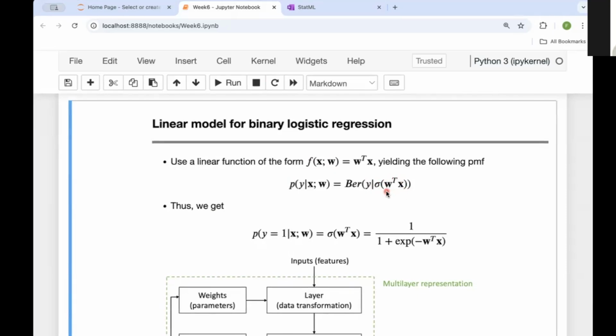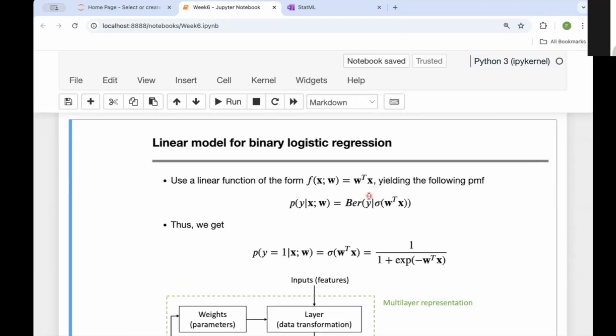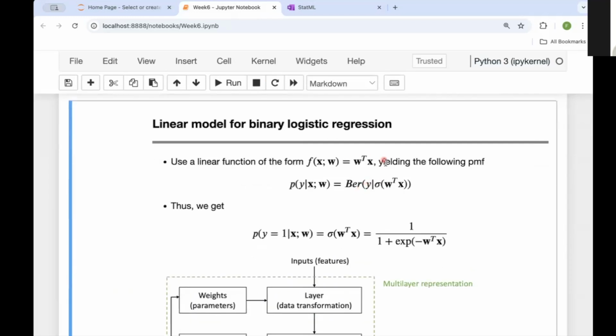But since this is a linear model, and we have seen this in linear regression too, we make this linear assumption that the way that we transform the data is simply represented by a dot product or inner product. And you can see here the connection with some of the stuff we're going to cover later on.